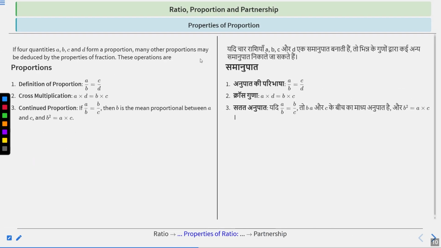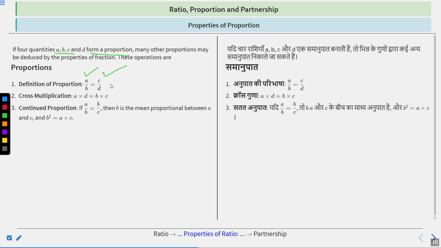Property of proportion. If four quantities A, B, C and D form a proportion, many other proportions may be deduced by the property of fraction. According to the proportion law, if two ratios are equal, then they are in the same proportion.